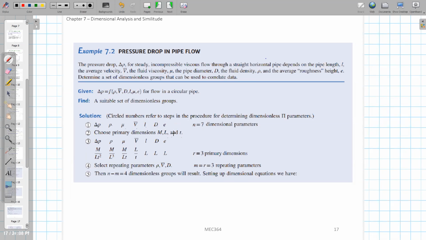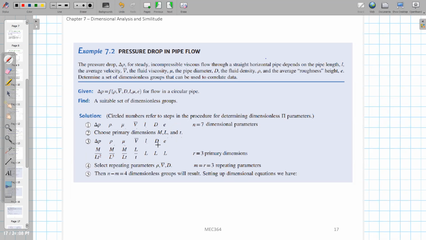We need to find pi 1, pi 2, pi 3, pi 4. Step 3, you list the fundamental dimensions for each parameter. Delta P is M over L T squared, and rho, mu, and velocity are the same as before.